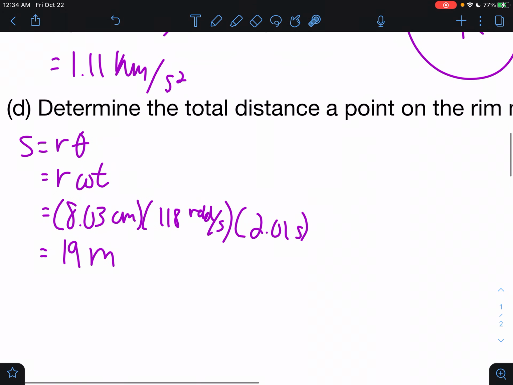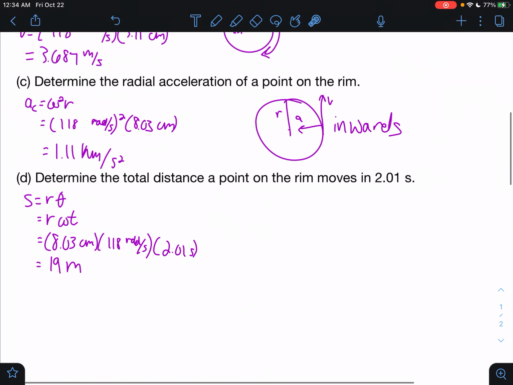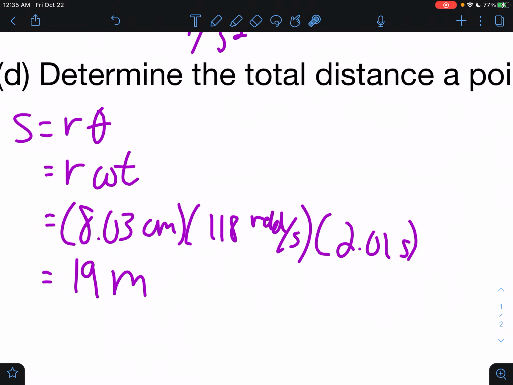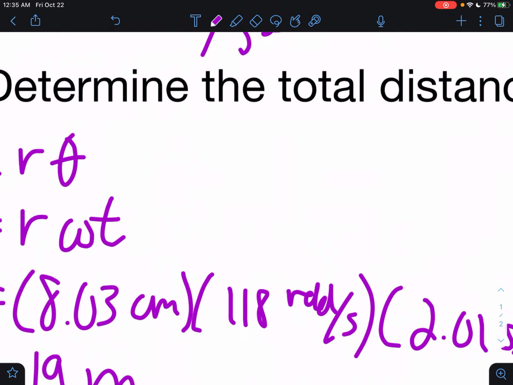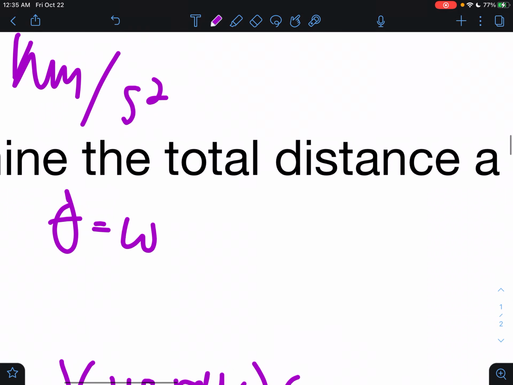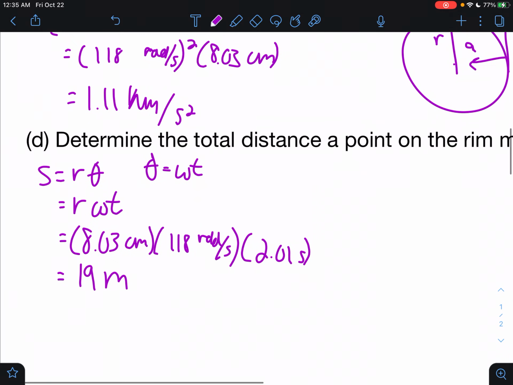This is AP physics. Anyways, determine the total distance of a point on the rim in 2.01 seconds. So this one was also pretty straightforward. The arc is the radius times the angular position, and then we just said that angular position is angular velocity times time, and worked from there with the pieces that we know.